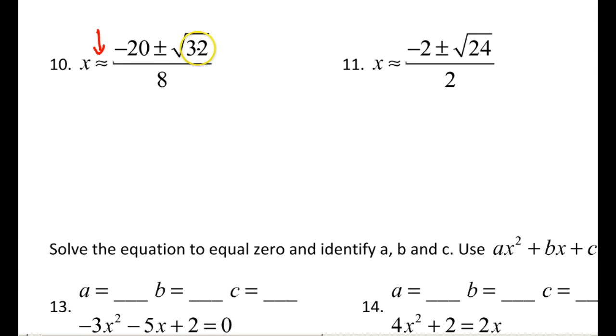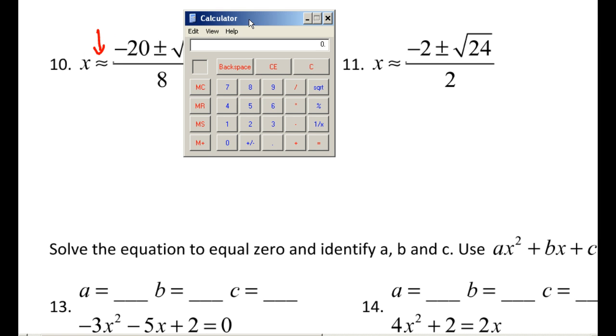What is the square root of 32? So you might use a calculator. Say 32 square root, and it's about 5.7. It says 5.65, so I'm going to round up to 5.7.